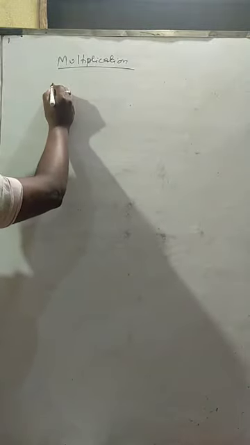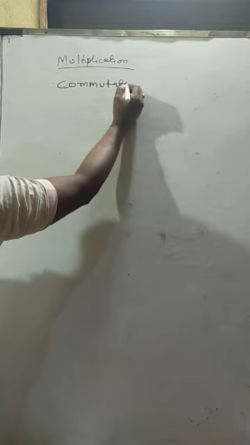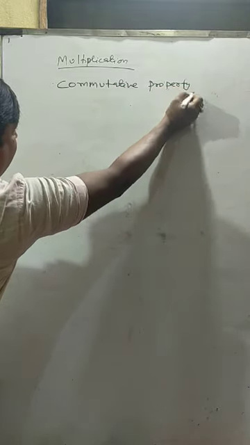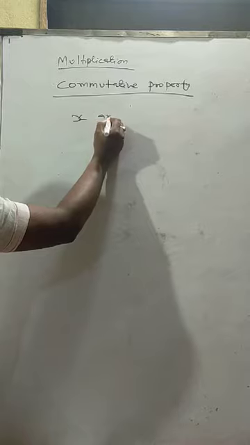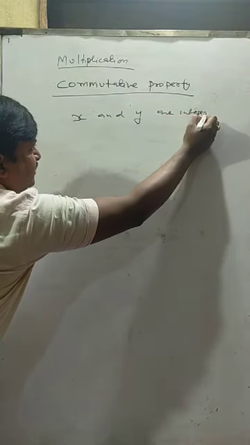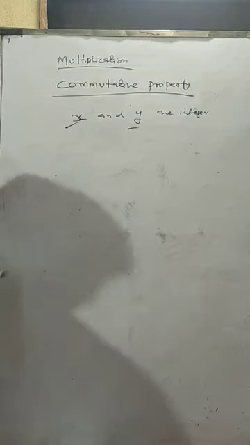Next is the commutative property. Suppose x and y are integers.